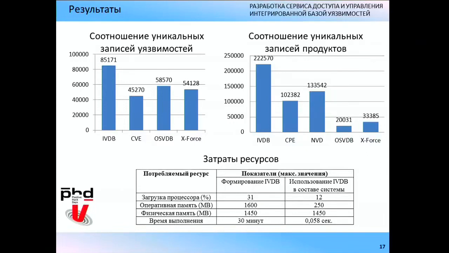But the number of vulnerabilities in the software. Can you show the slide? Unique records, product records, number of products. How can you evaluate the records shown in your database? Pardon me? The number of software products. That's the result: 22,000 records. You mean software?